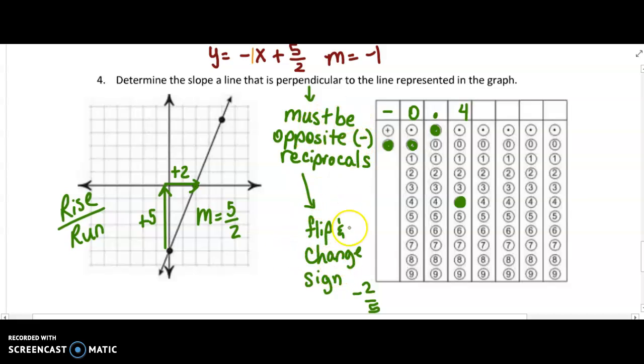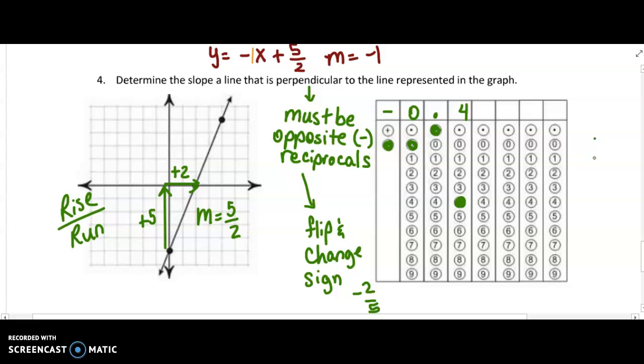Opposite means negative. So I'll go from 5 over 2 to -2 over 5. I'll have to convert that to a decimal. So that's a -0.4. And if you've forgotten how to do that in the calculator, you put -2 over 5 and do Control Enter. Y'all should remember that from last year, because you do it all the time.